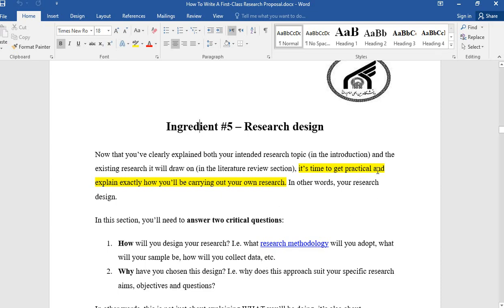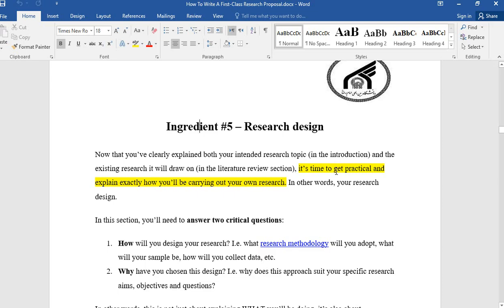It's time to get practical and explain exactly. Get practical means this is the practical part of your research, because you're going to actually carry it out. Of course, you will not do it in your proposal, but you will say that this is the practical part and how the researcher is going to carry out the study.